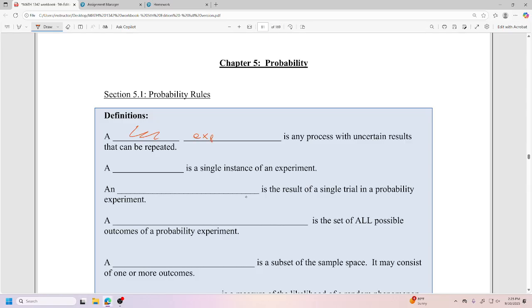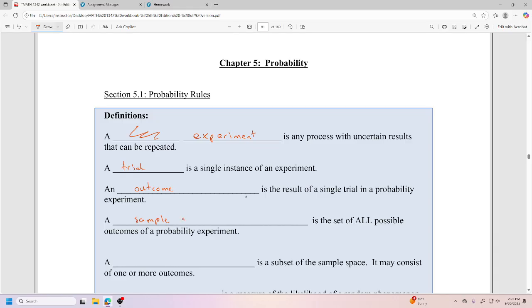So I'm literally just filling in these words, these blanks. That's experiment. This is trial. There are going to be questions about these definitions, and then I'm going to give you a whole big spiel on what's actually going on here.